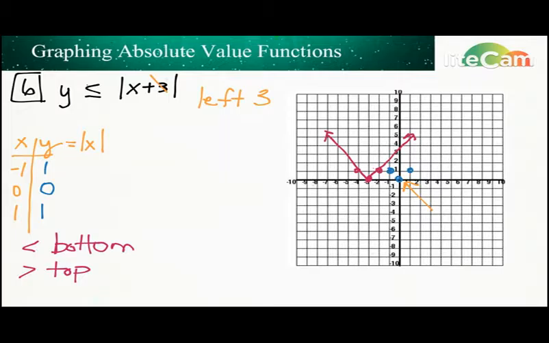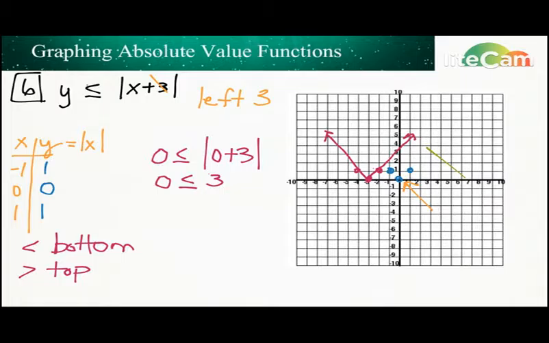Okay, so we're going to put 0 in for y, and then 0 in for x. And we're going to get 0 is less than or equal to 0 plus 3, absolute value of 3 is just 3. Is that a true statement? 0 is less than or equal to 3? Yes, it is.